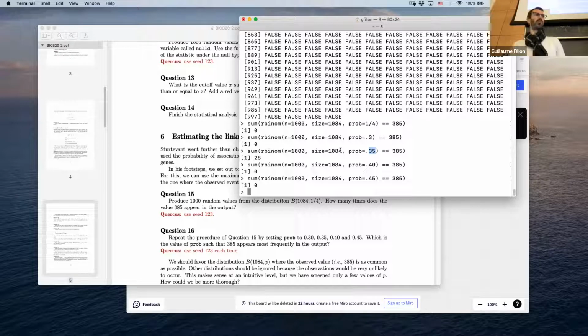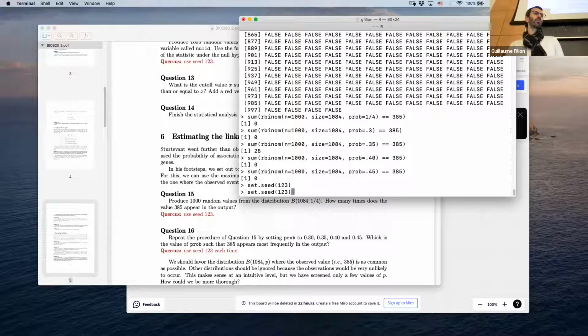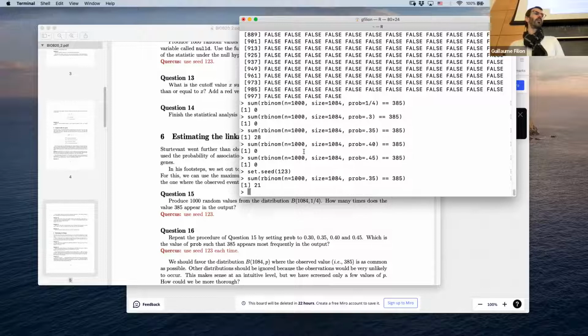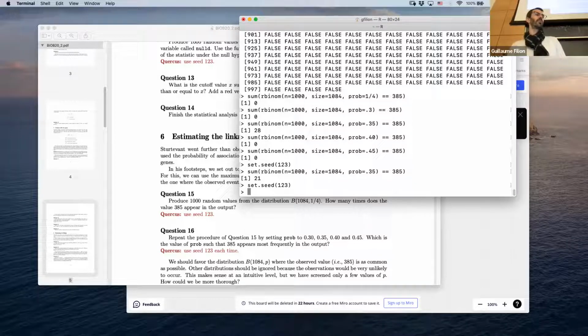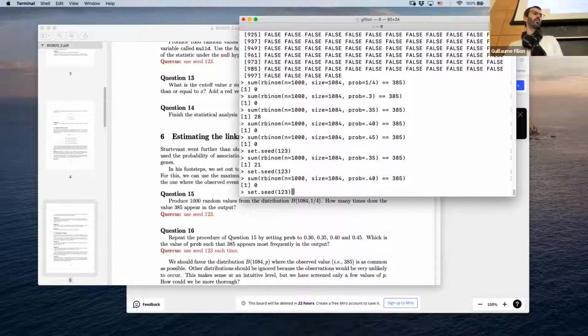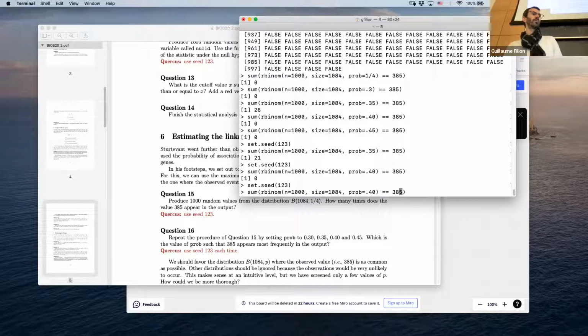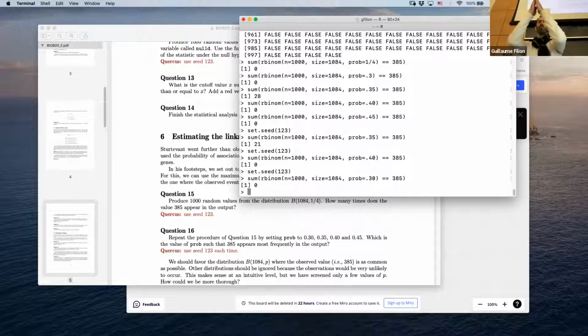Okay, so now you can do it with the set seed. 1, 2, 3, but nothing's going to change. Okay, in the sense that the only case we're going to see them is here. You're going to see 21 of them, but just before and just after, these are 0 and 0 as well. Okay, we observe it only at the relatively sharp value of the parameter, which is 0.35.